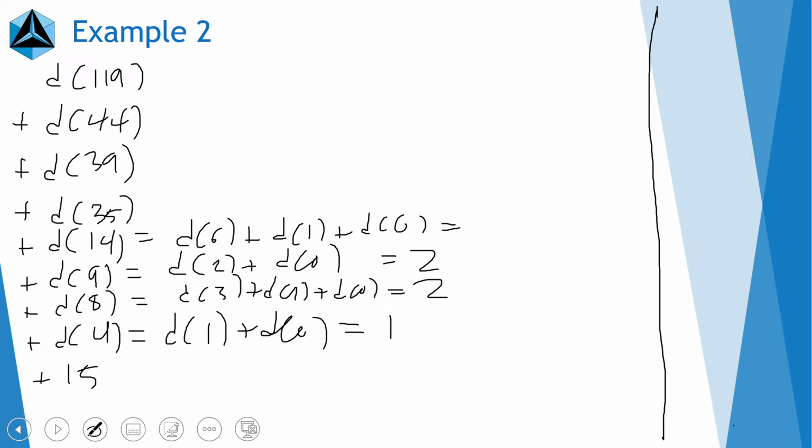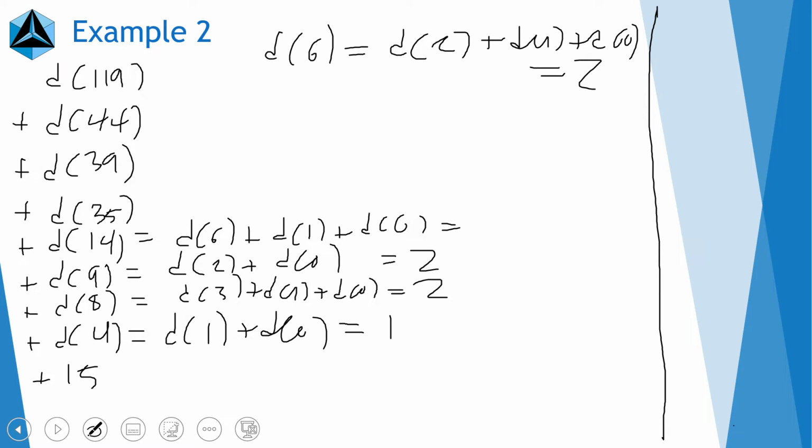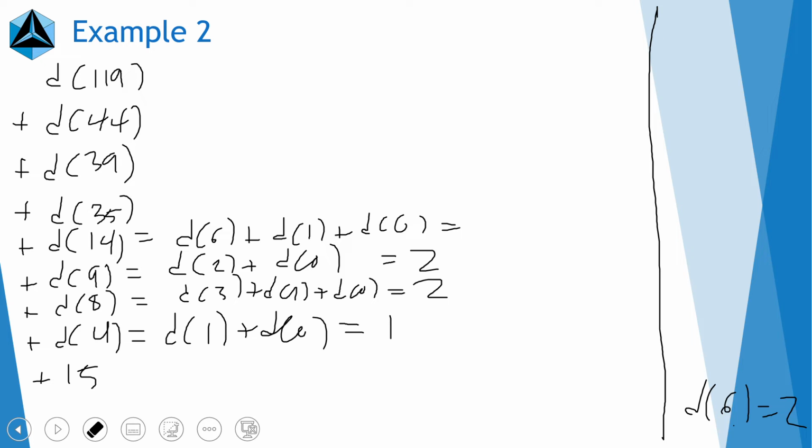For d of 6, the non-1 divisors are 2, 3, and 6, so this is equal to d of 2 plus d of 1 plus d of 0, which is equal to 2. We're going to save this in our little table down here: d of 6 is equal to 2. So using this value, d of 6 plus d of 1 plus d of 0 is 3, because 2 plus 0 plus 1 is 3.